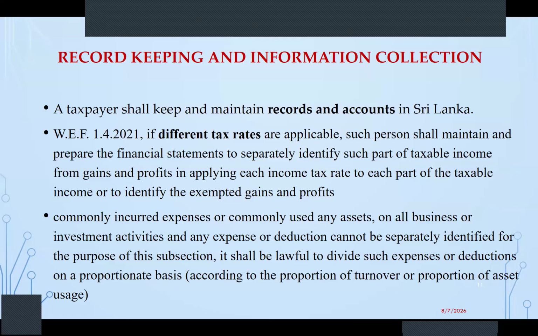Specifically, if their businesses are subject to several different tax rates. For example, if they have foreign service, that is taxable at the rate of 15%. For all other business activities, the applicable tax rate is 30%.